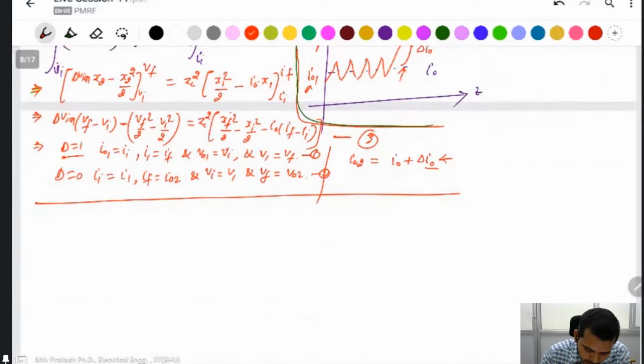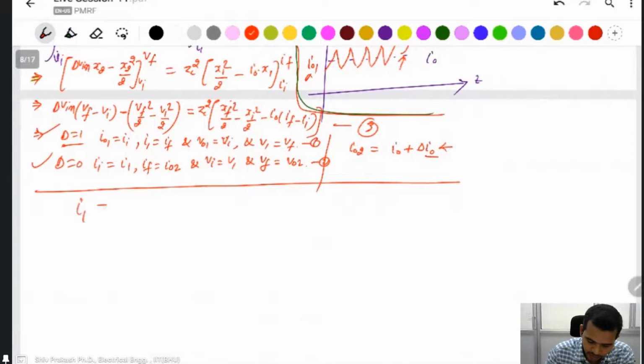Once we put this value, we find two equations, and from the two equations we solve for I1 and V1, finding the I1 value and the V1 value. If you solve this, you find I1 and V1. I1 is like I01 plus delta I0.